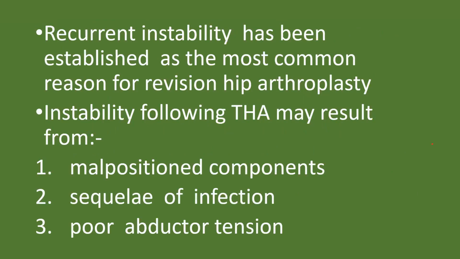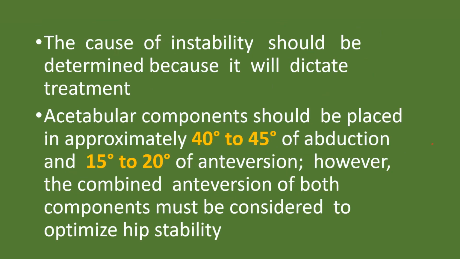Instability. Recurrent instability has been established as the most common reason for revision hip arthroplasty. Instability following total hip arthroplasty may result from malpositioned components, sequelae of infection, and poor abductor tension. The cause of instability should be determined because it will dictate treatment.